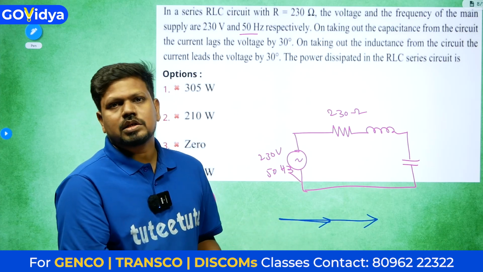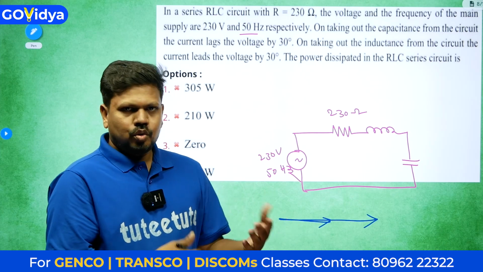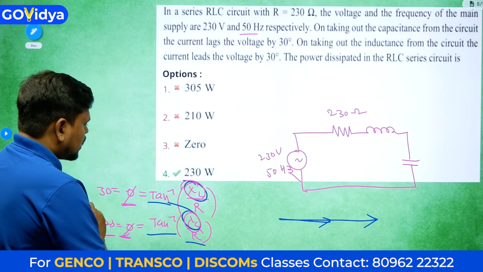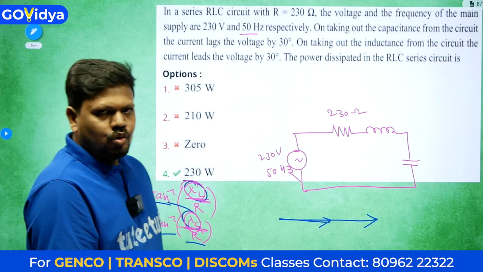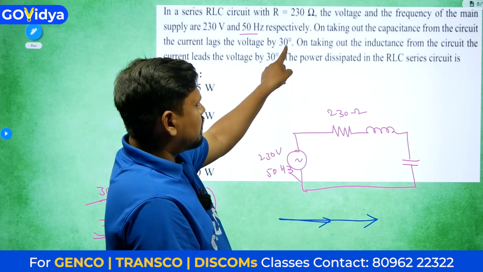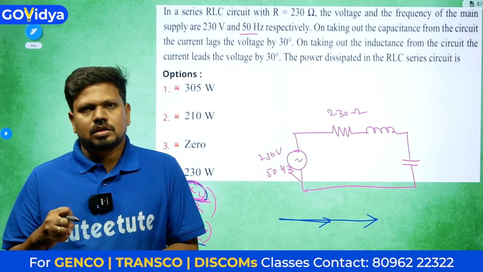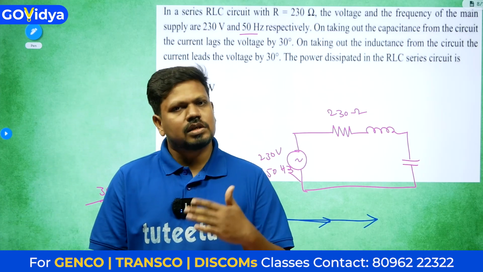That means directly it is a resonance condition, XL equals XC. Both are 30 degree only, so no need to prove this.